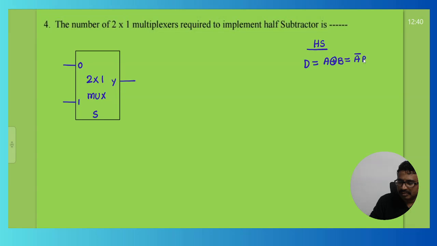That is A bar B plus A B bar. And the borrow expression you tell me now, that is nothing but A bar B. So here subtractor means we are doing A minus B, assuming that. By default we can take it as A minus B. Right. So now we need to implement this expression.